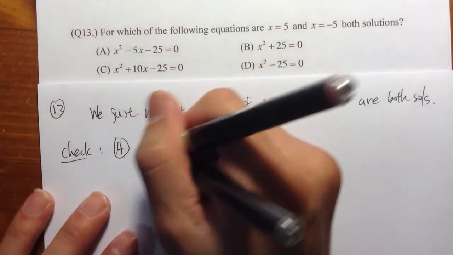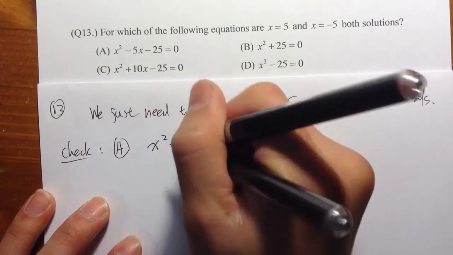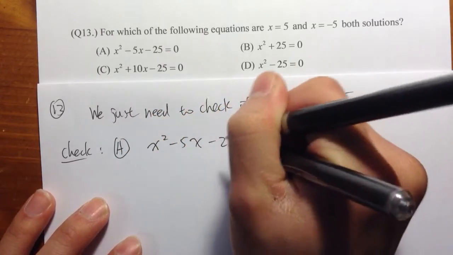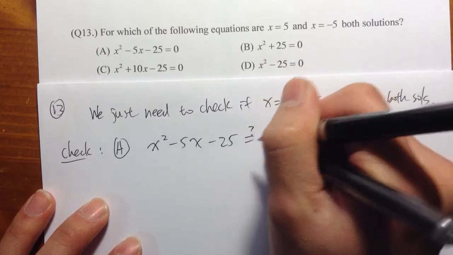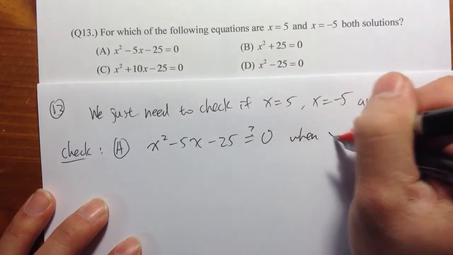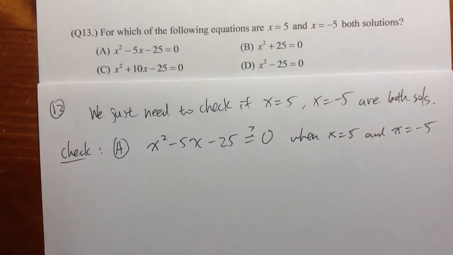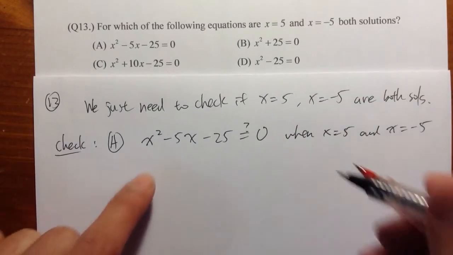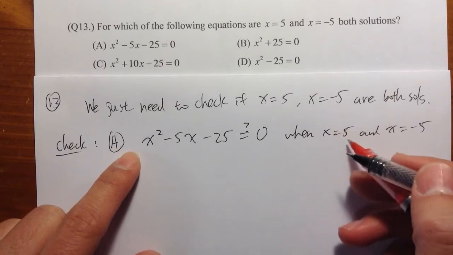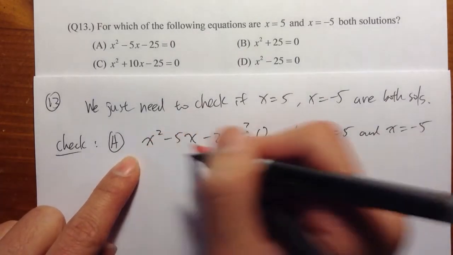For choice A, I have the equation x squared minus 5x minus 25. I want to know if that's equal to 0 when x is equal to 5 and when x is equal to -5. So let me check if x is equal to 5 first. I'm going to plug in 5.